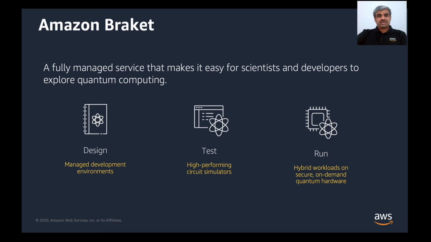It also allows you to easily debug and test on high-performance simulators that use the same programming framework as used with quantum devices themselves. You can also build and test hybrid algorithms that combine quantum computers with classical computing resources of the AWS Cloud.